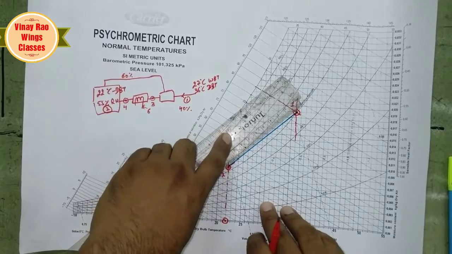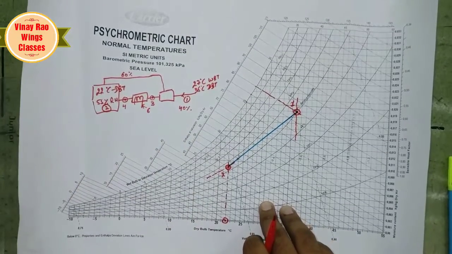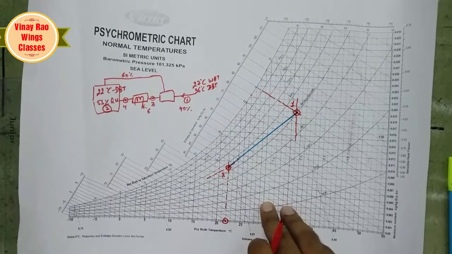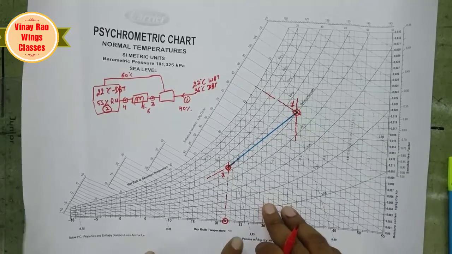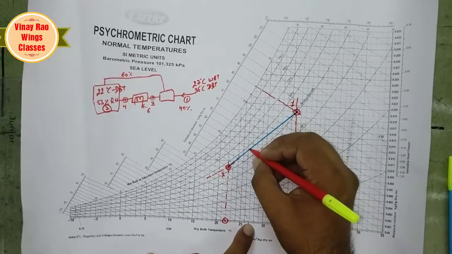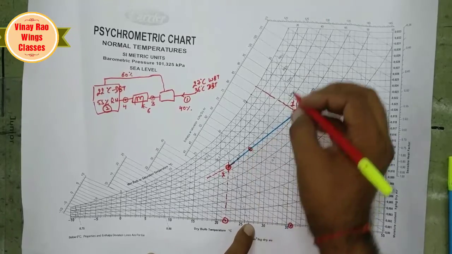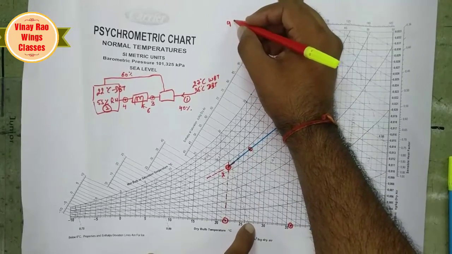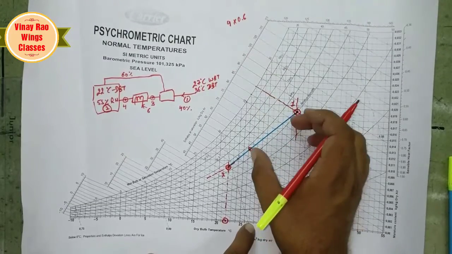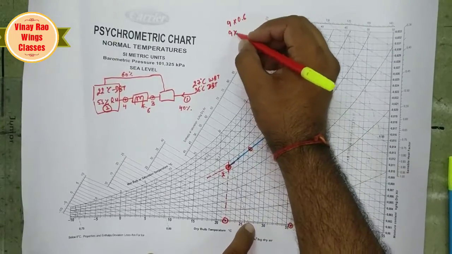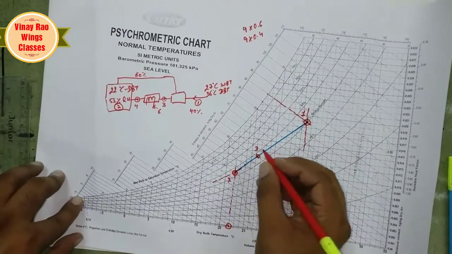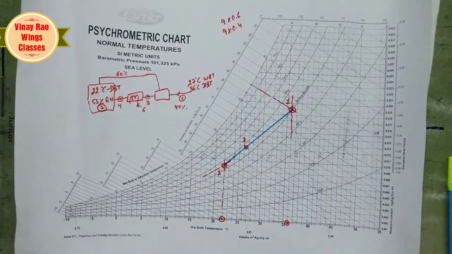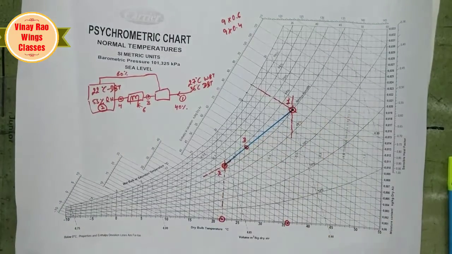If we multiply 9 with 0.4, we get this length. This is condition number 3. We got condition number 3 through this 60% and 40% mixing.